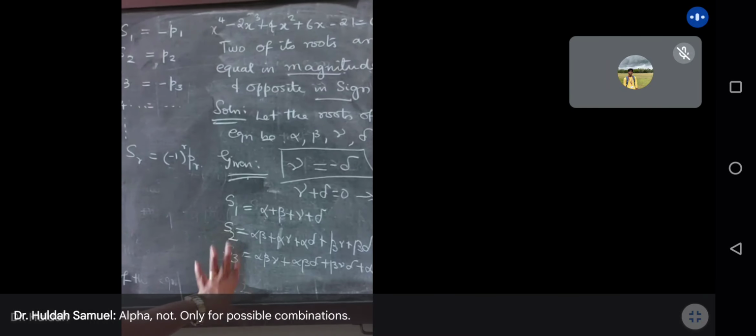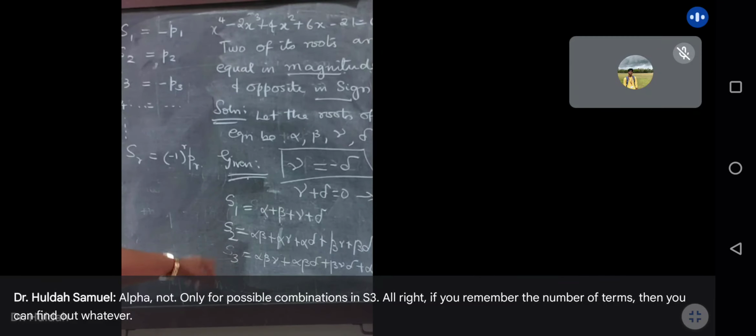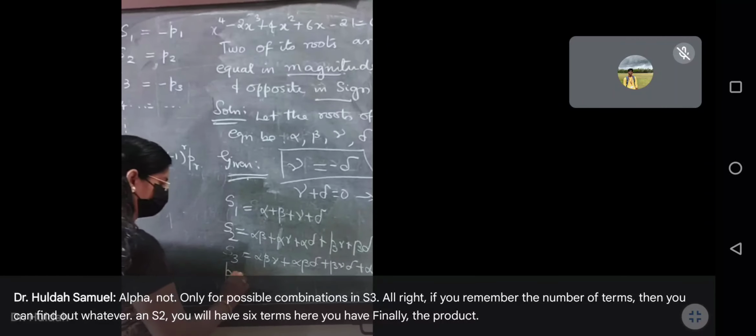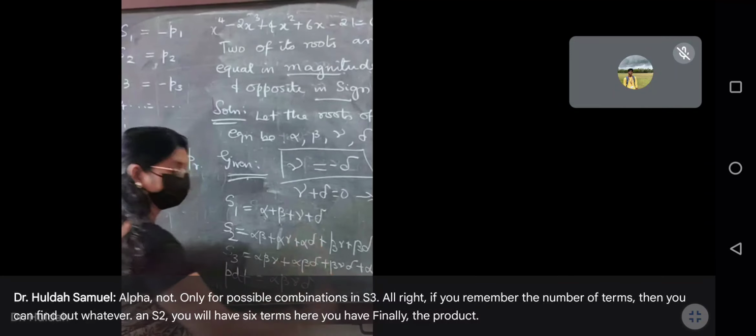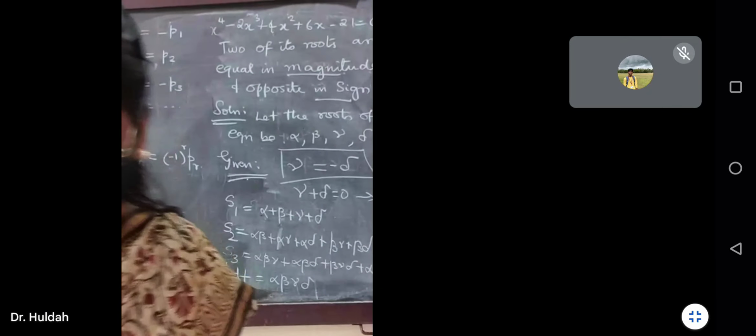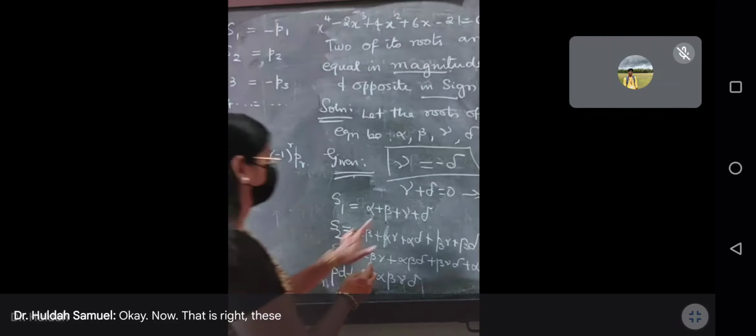That's all. Only four possible combinations in S3. If you remember the number of terms, then you can find out whatever is missing. In S2, you will have 6 terms. Here you have 4. Finally, the product of the roots is alpha beta gamma delta. Is that okay? Now, let us write these values.